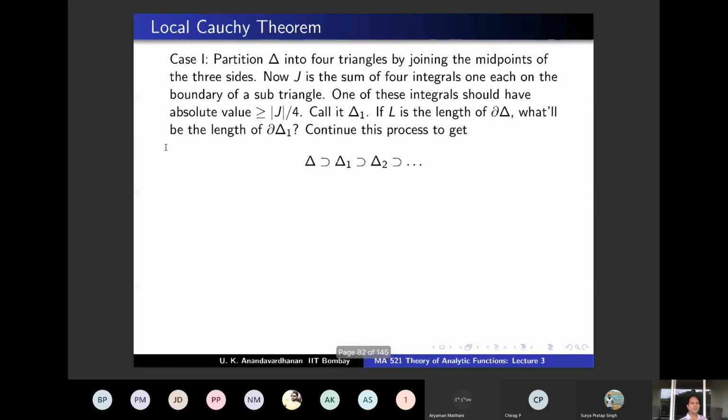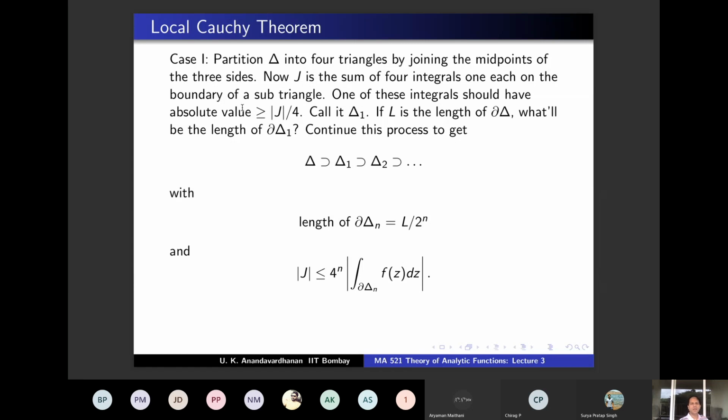So continue this process to get a sequence of nested triangles, one containing the other, with the property that the length of the boundary of delta n is L by 2 power n, and mod J is less than or equal to 4 power n times the modulus of the integral on the boundary of delta n.